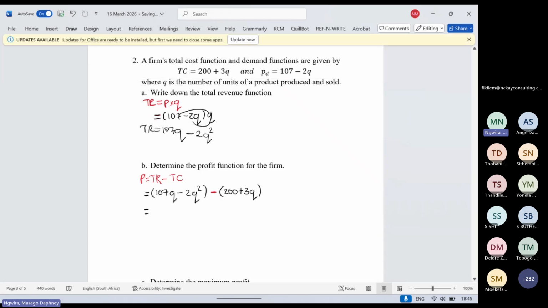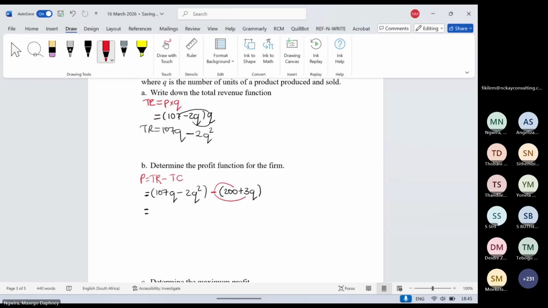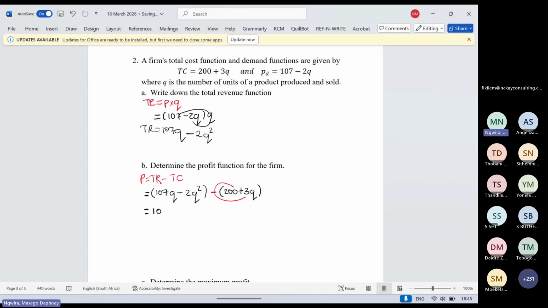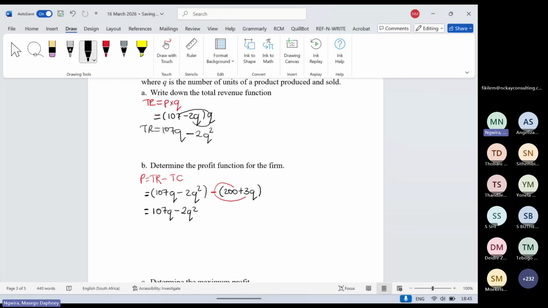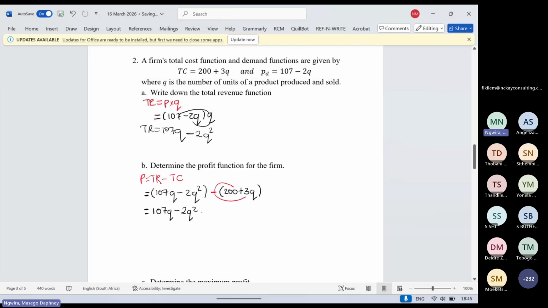This one, there's no sign here, so it's going to remain the same. So this bracket, I'm just going to remove it because there's no sign in front of a bracket. If there's a sign in front of a bracket, it changes every sign inside the bracket. So this negative is going to change this. It's going to be a negative because 200 was positive. So now it's going to be a negative 200.